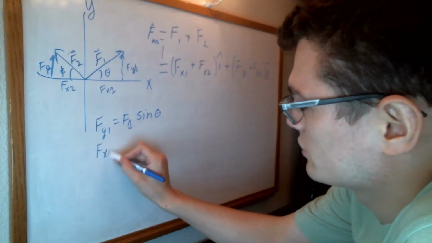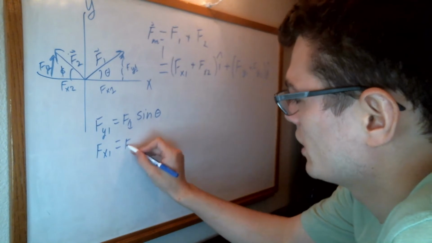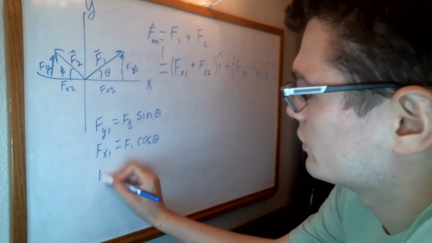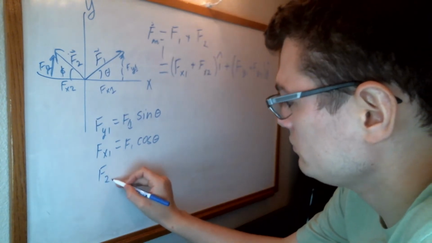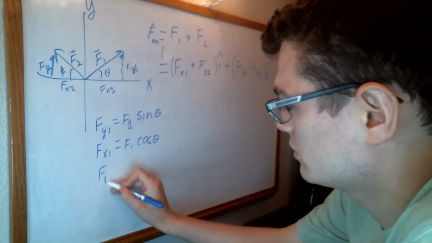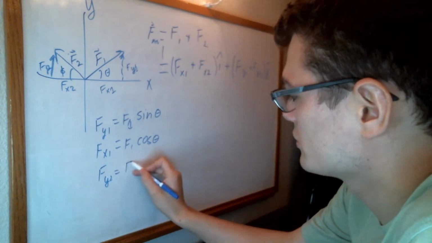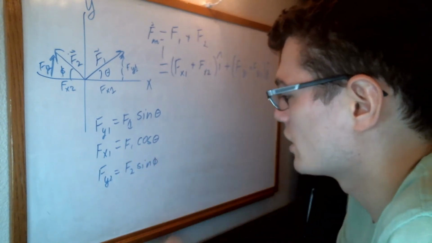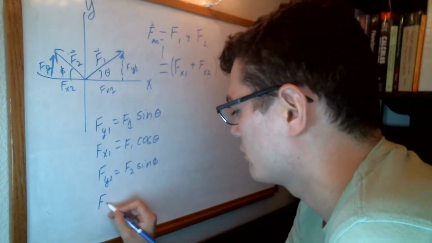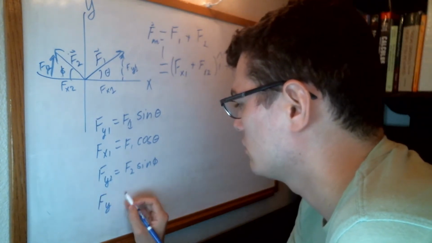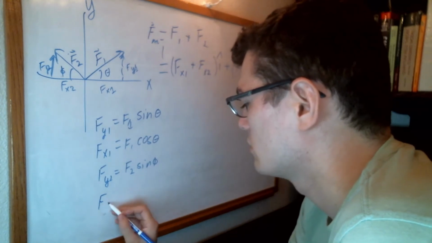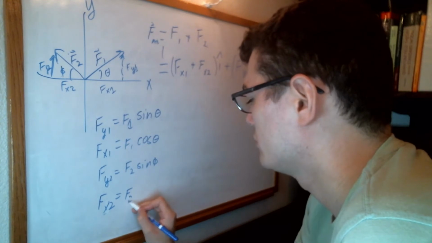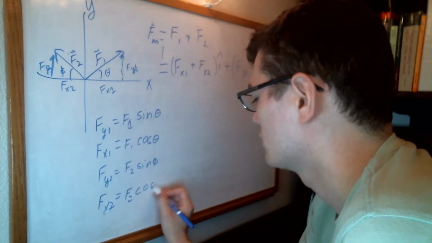And then Fx1 is going to be F1 cosine of theta. And then we can do the same thing for the other side. Fy2 equals F2 sine theta, or sine phi, because we changed the angle. And then Fx2 is going to be equal to F2 cosine of phi.